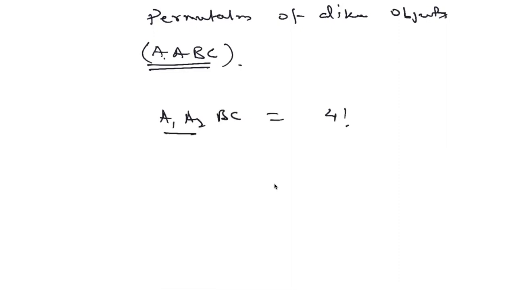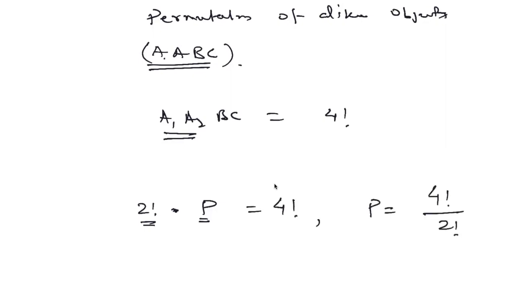But if these two are alike, so A's are alike, we know that there are factorial 2 ways of arrangement between A1 and A2. So A1 and A2 arrange in 2 ways, and I'm saying the permutation is P, and the total is factorial 4. So now the permutation with alike objects will be factorial 4 by factorial 2. Or we can say let P be the required number of permutations in this case.